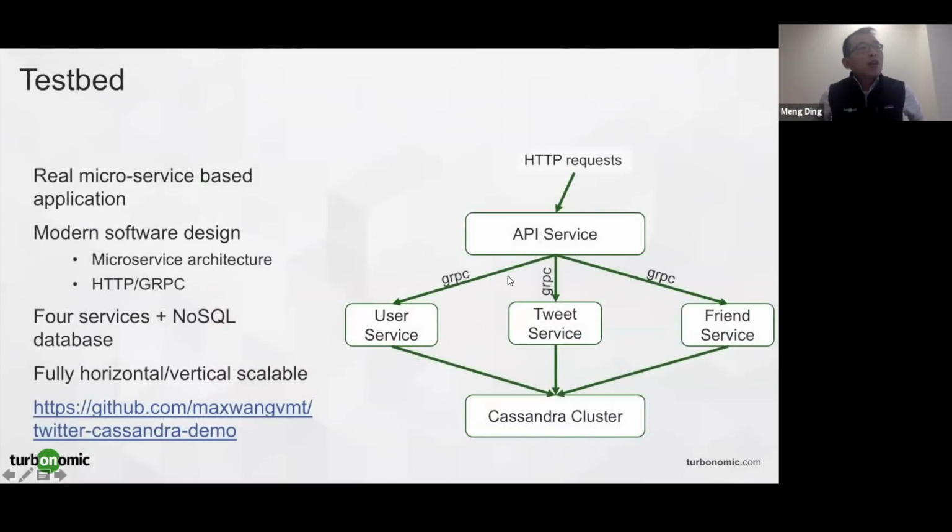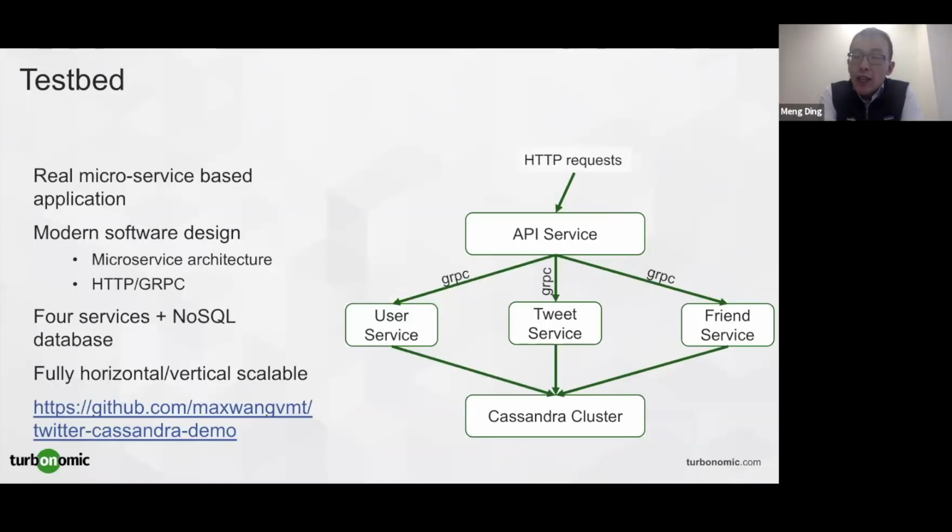So in order to evaluate the Kubernetes autoscale solution, we have created a non-trivial testbed because we believe that it's the only way to be able to verify the solutions and to test the pros and cons. The application we have created in-house is a real microservice-based application with multiple tiers.